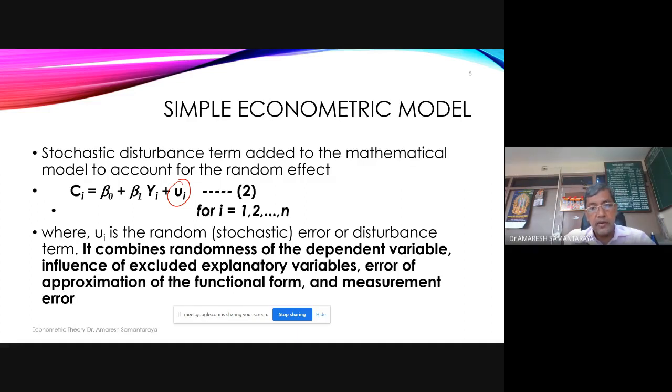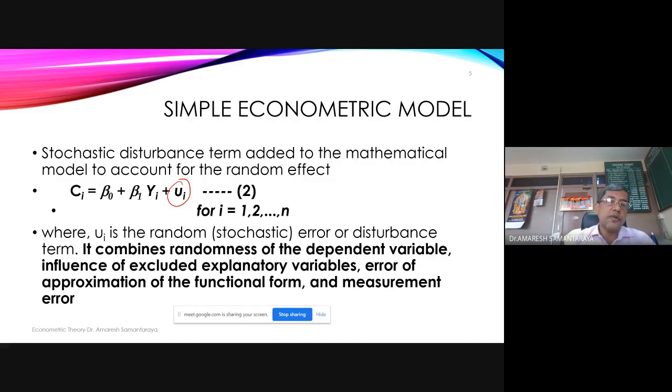So when you are given any incentive, in the form of an increase in income or a reduction in interest rate or whatever, for the same amount of incentive each individual responds differently, which is influenced by several other factors reflecting differences across individuals. The stochastic nature of these differences is captured by adding UI to the mathematical model, and then we get the econometric model here.